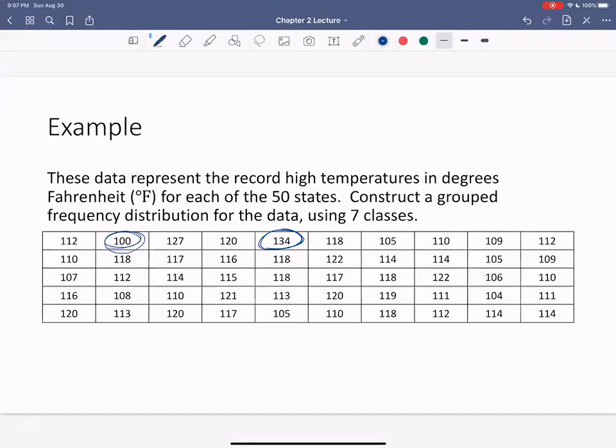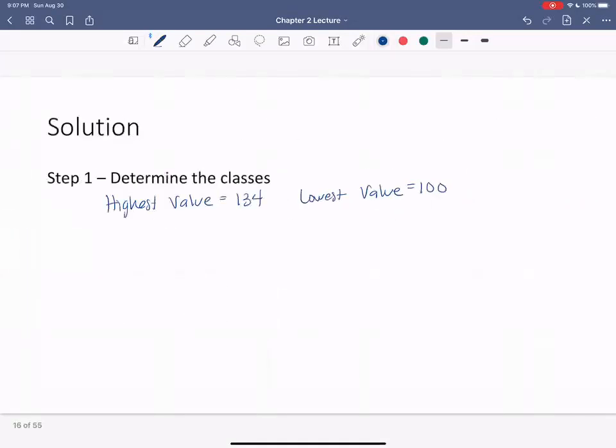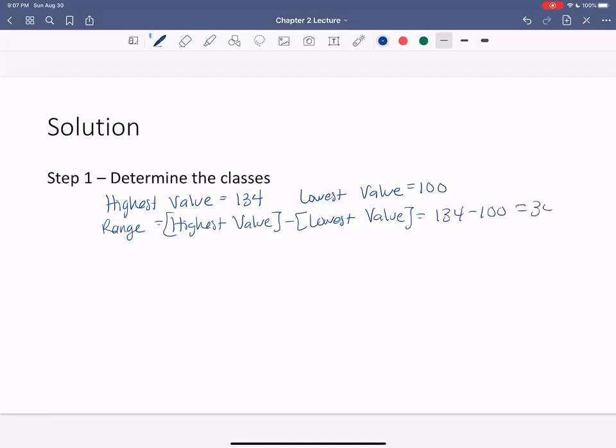All right, so there's our highest and our lowest. Next, we find our range. To find the range, you take the highest value and you subtract the lowest value. So in our case, it's 134 minus 100. So our range is 34.